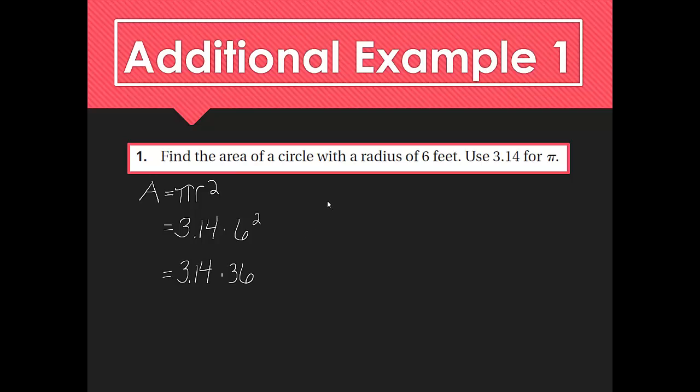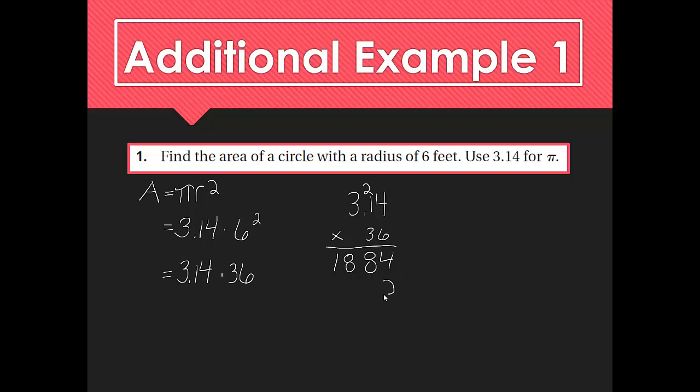Now we can go ahead and multiply that out. 3.14 times 36, and 6 times 4 is 24. 6 times 1 is 6, plus 2 is 8, and 6 times 3 is 18.